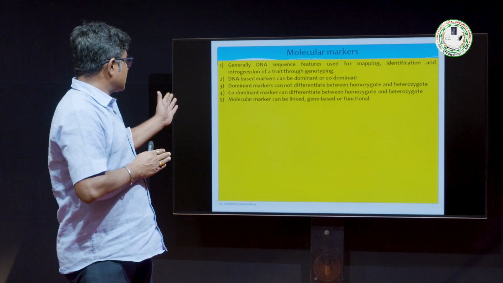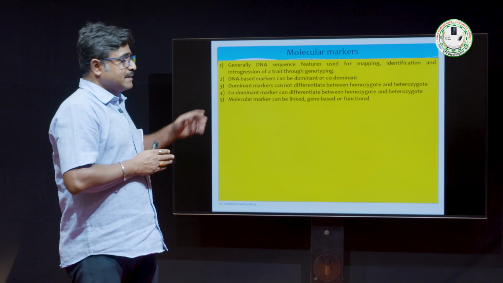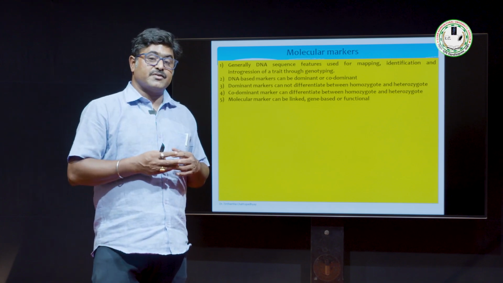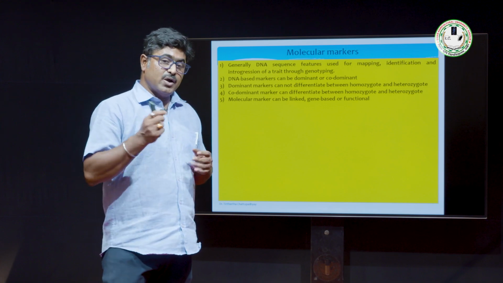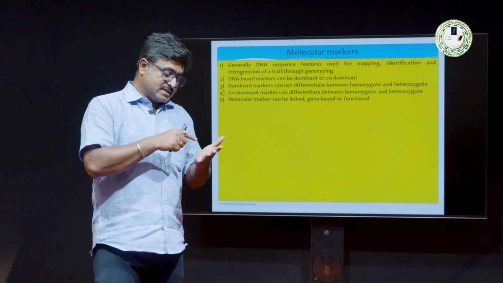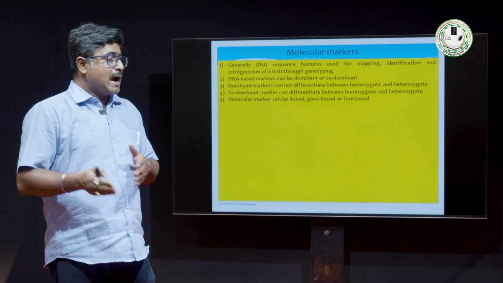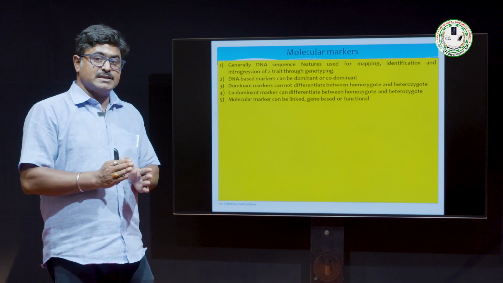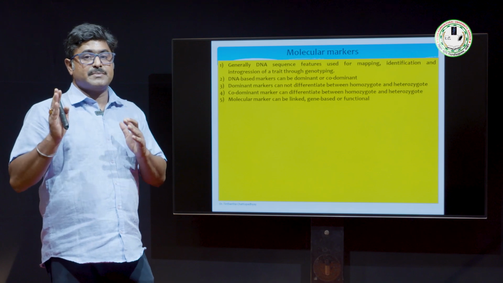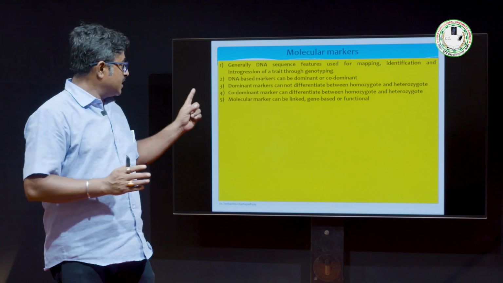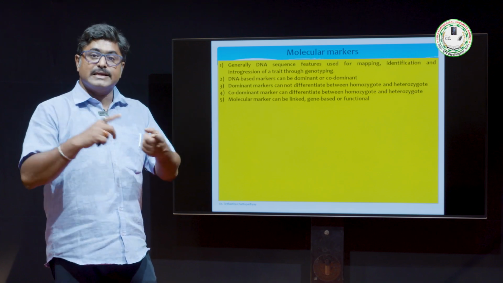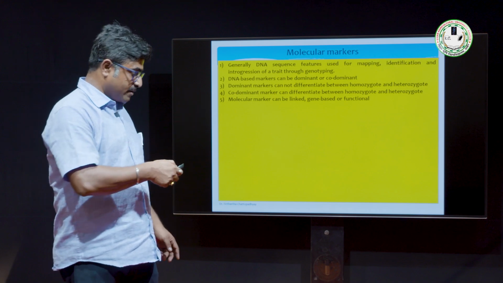This kind of marker is known as a linked marker, and sometimes we get even better markers which are functional markers. Means I know that due to a point mutation, the CAG codon has changed to a TAG codon, and I know that due to this TAG the gene is not going to be transcribed and translated properly. So when the function and the marker are linked, then I call it a functional marker.